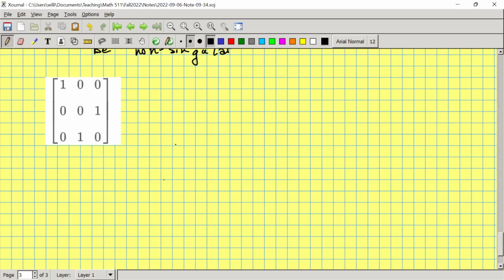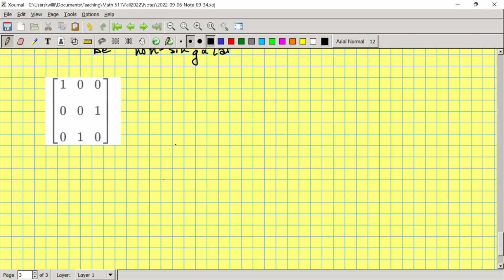In fact, what did we do to the identity matrix to get this one? We switched row 2 and row 3. In other words, we performed a type 1 row operation on the identity to get this matrix in the first place. Because we are exchanging a pair of rows, another verb for that in mathematics is we are permuting a pair of rows.